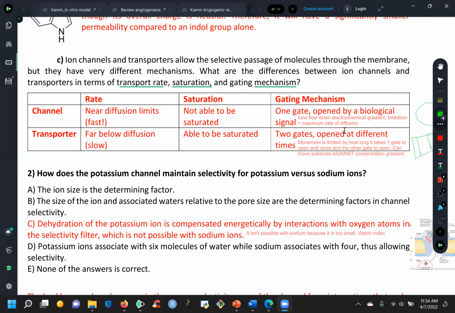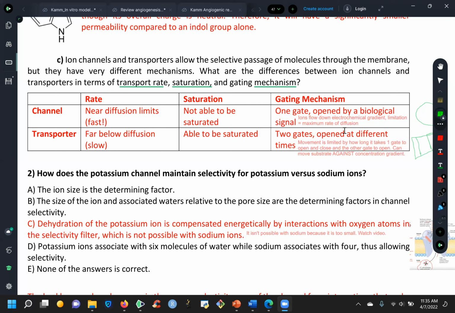That's why it's slow. Channel, down the electrochemical gradient. So when you open the 1 gate for a channel, if there's a million sodiums over there and only 1 over there, they're just going to move down their electrochemical gradient until we have 500,000 over here and 500,000 over there. That's a channel. It wants to stabilize. So things move down their electrochemical gradient.